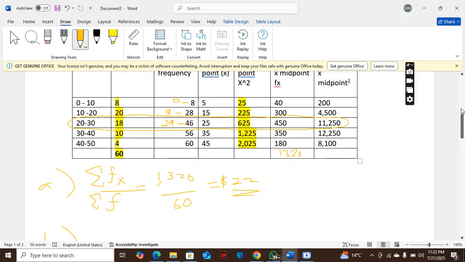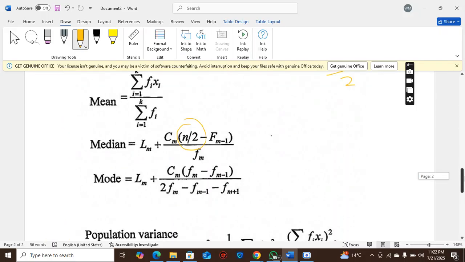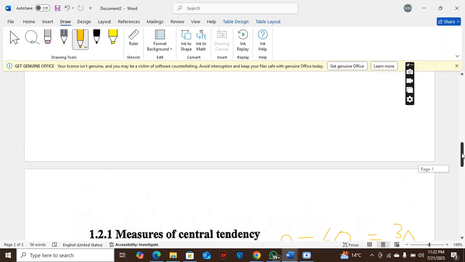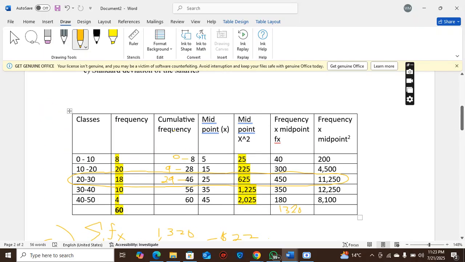You first find the position of the class where you do n divided by 2. We found it's in the 30th position. Then you come to your cumulative frequency column and you ask yourself, where can I find the 30th position? Please, as I've said, do not go to the class range and guess, you'll be marked wrong.